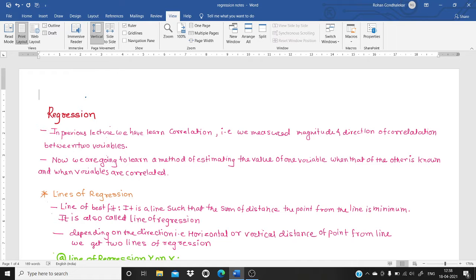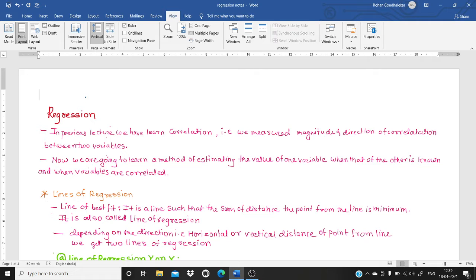Suppose I give you the heights of 20 fathers and their sons, and I ask you, based on this historical data, if the father has a height of say 5 feet, then what will be the estimated height of his son? In that case also you need the relation between the height of the father and the height of the son.